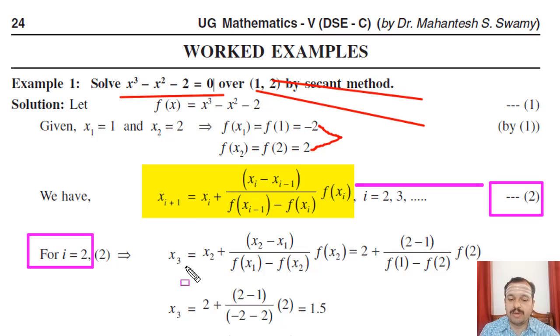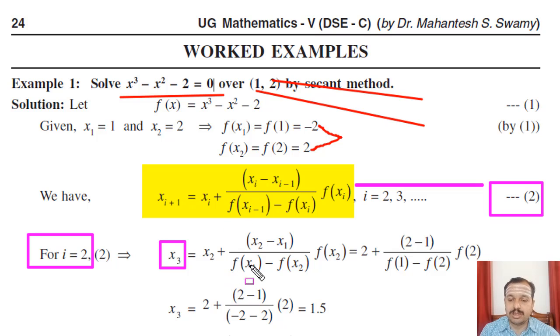So x3 value you are going to get. Wherever i is there, if you put 2, it is x2. It becomes plus sign as it is, x2 minus, and x2 minus 1 is x1, divided by f of x1.